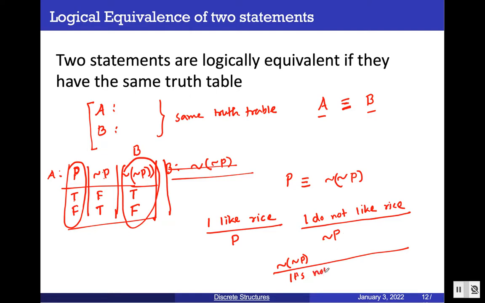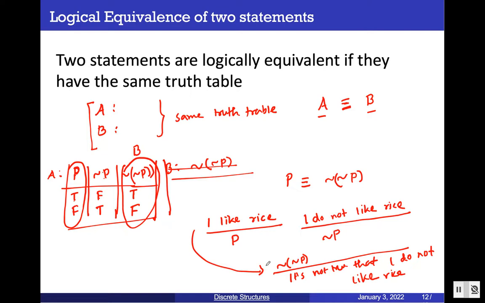It's not true that I do not like rice, or you can say it's not the fact that I do not like rice. It means actually I like rice. So these two sentences have the same meaning, we are just saying it in a different way.